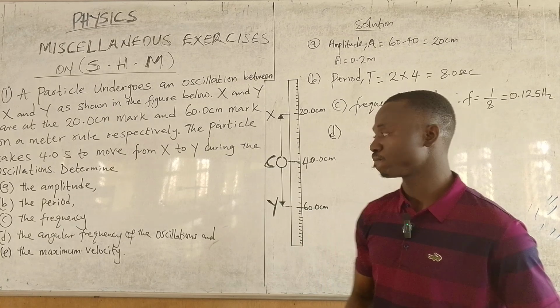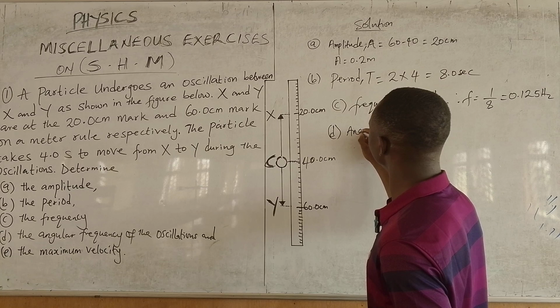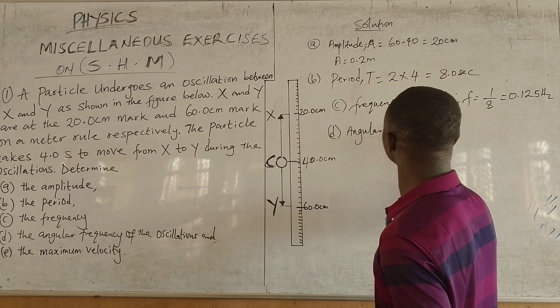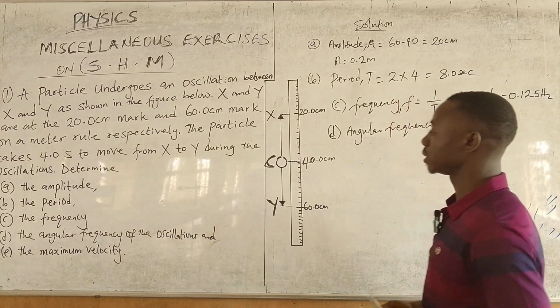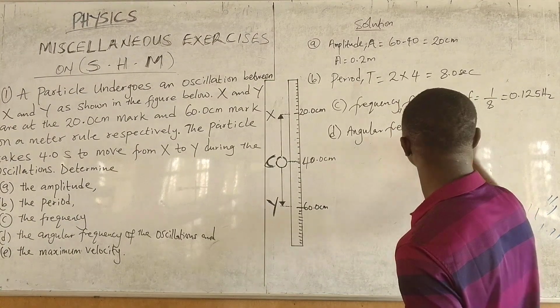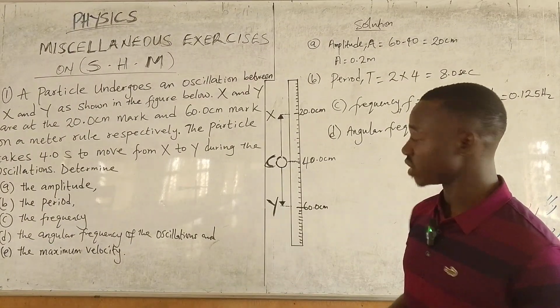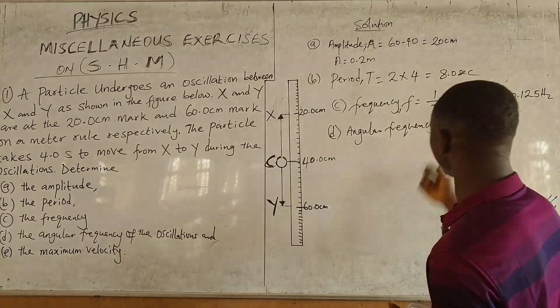They mean the same thing. So angular frequency, which is omega. What's the formula for omega? We have different formulas, but you have to look for the formula that is related to the quantities we already have here. The quantities given to us.